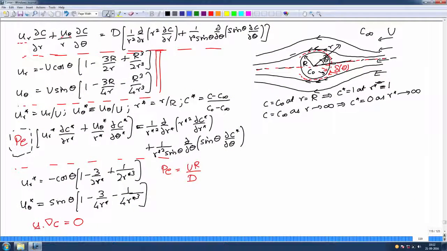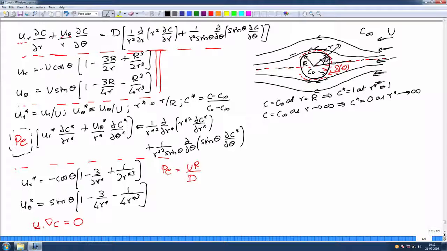We were looking at the flow around a spherical particle in the previous lecture, in which the fluid was incident on this particle from far away, and as the fluid flows across, the concentration far from the particle is C infinity.